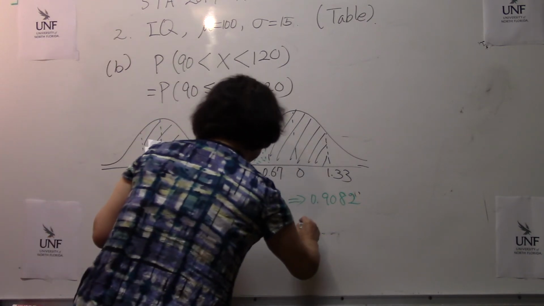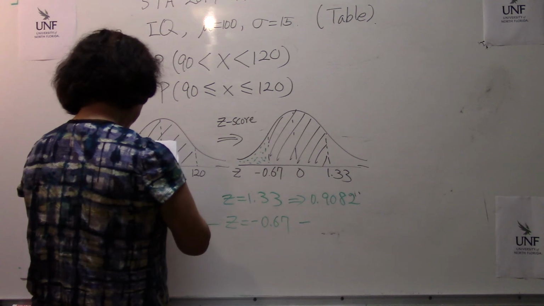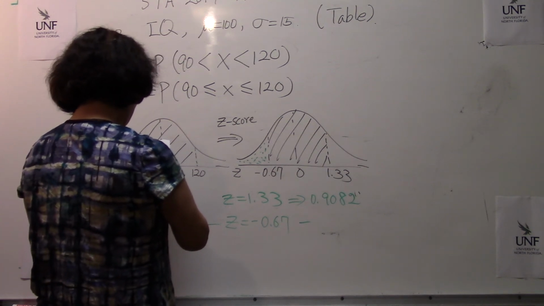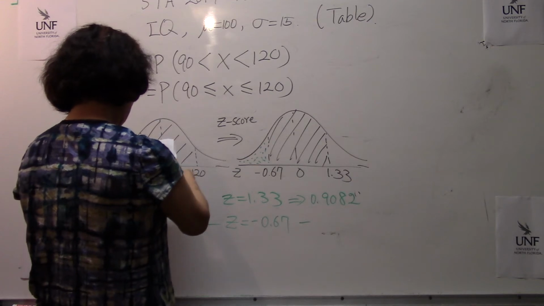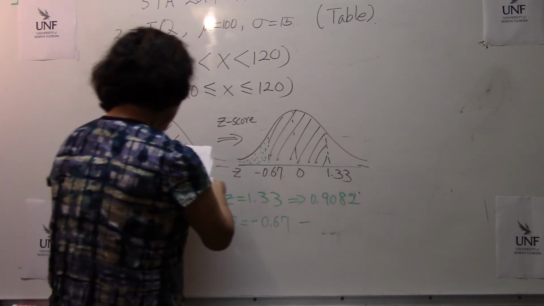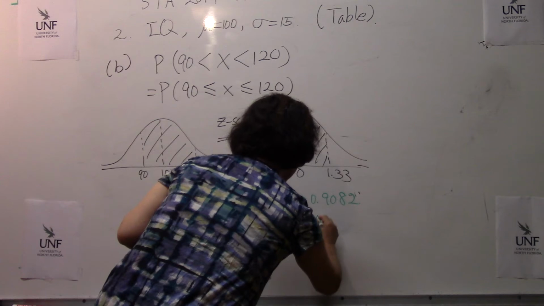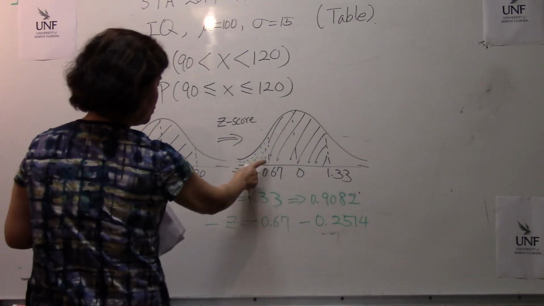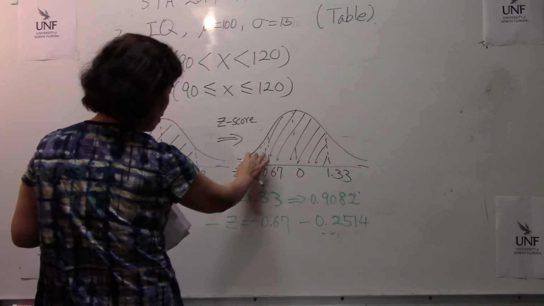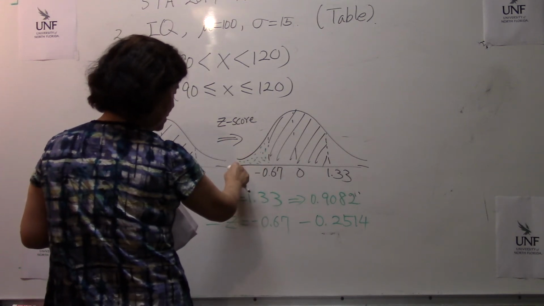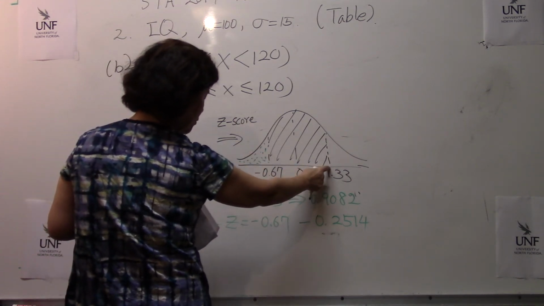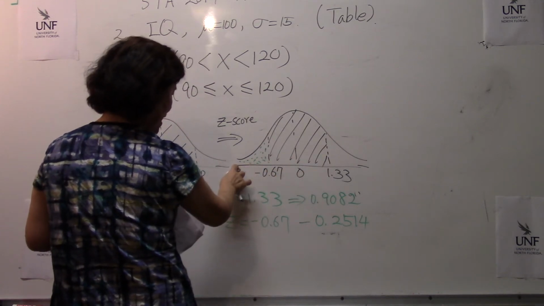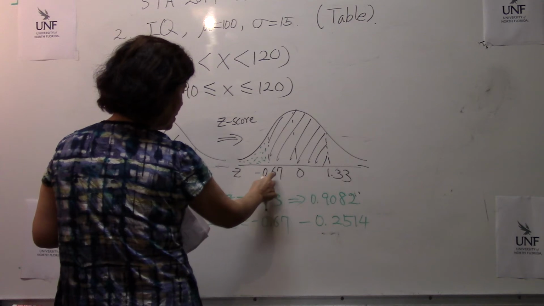And this portion is 0.2514. See, 0.2514 is this green part. So from the left all the way to z equals 1.33, and then subtract all the way from the end to negative 0.67.